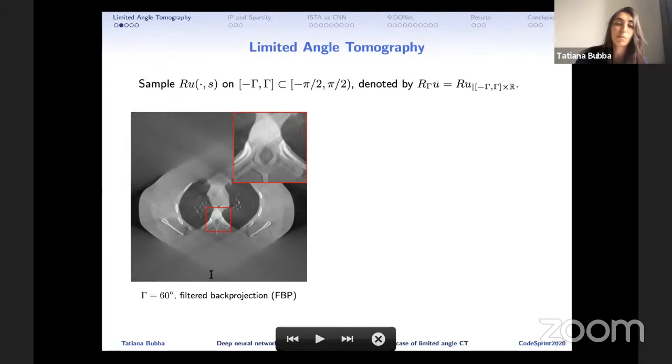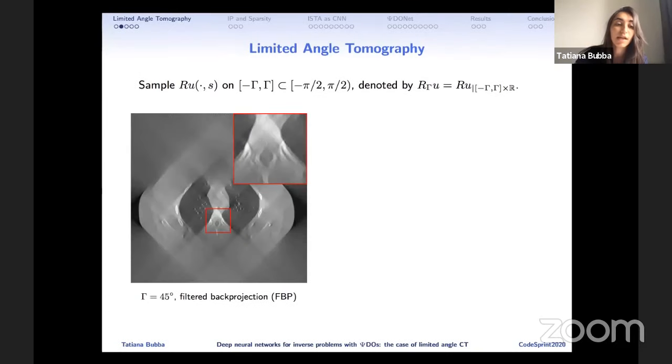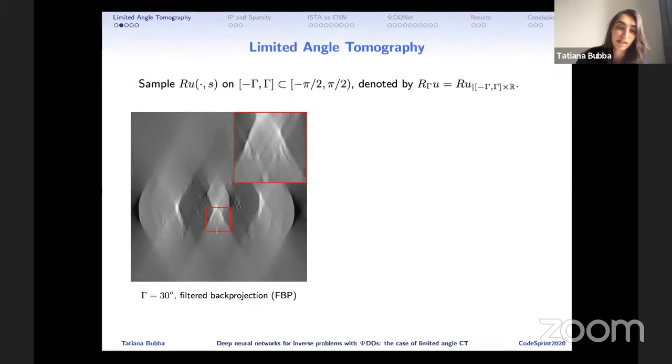If we reduce even more, these features are even more evident. The smaller the visible wedge is, the more striking the artifact becomes, and the smaller is the portion that we can actually hope to reconstruct from the data we measured.